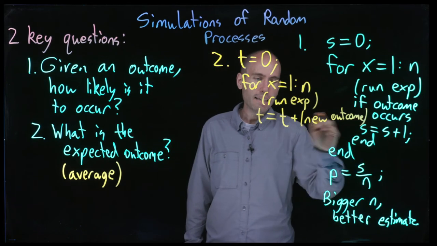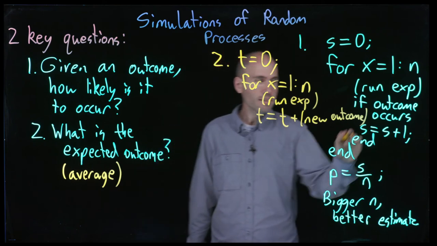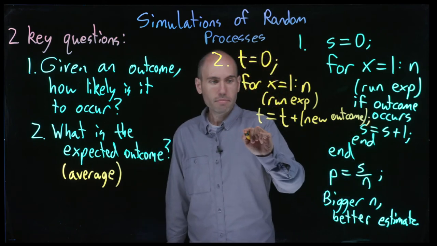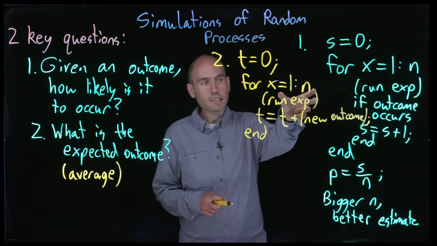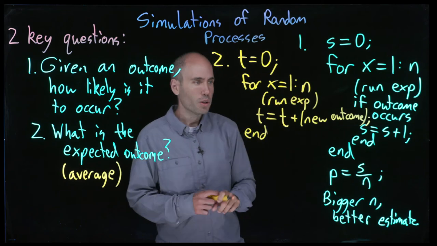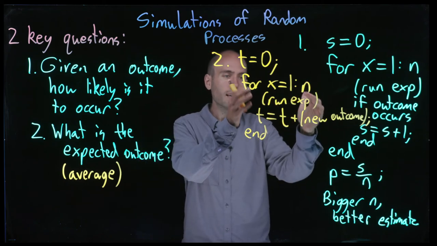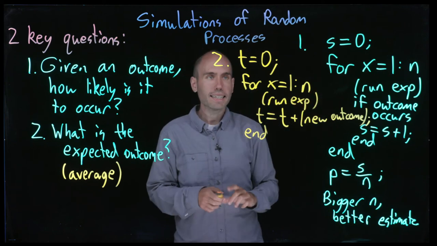Again, what exactly I write here will depend on what the precise experiment is. And this run experiment line, maybe that's really something complicated. Maybe that takes about 15 lines, who knows? But this is just some shorthand for saying do whatever the random process is.